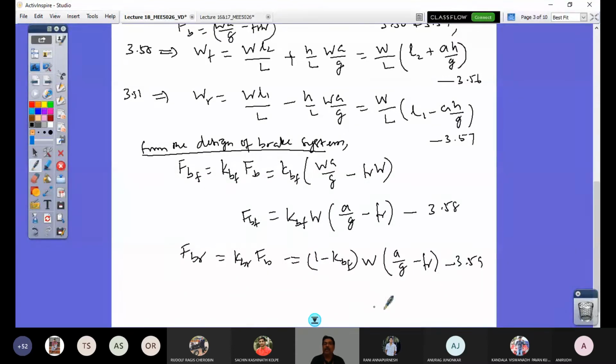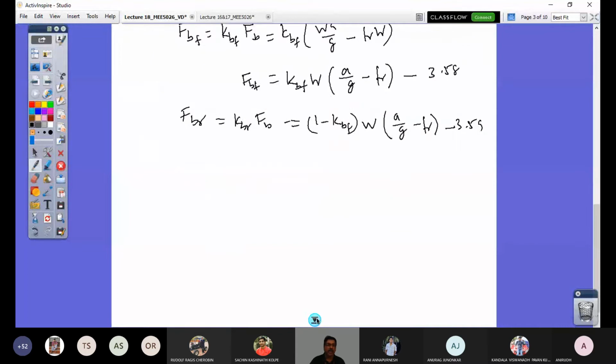So having this equation 3.58 and 3.59, and comparing that with this equation, what am I going to do now? I'm going to have a conditional equation. What is the conditional equation? The front wheels approach lock up when, correct?